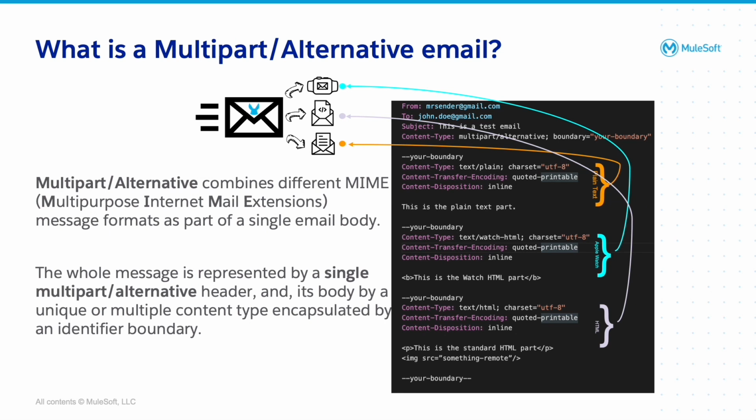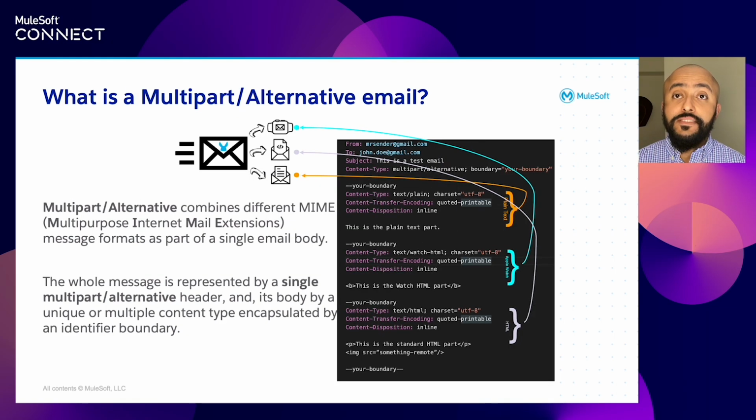Let's talk about what a multi-part alternative email is. A multi-part alternative email is a mail that bundles different content types as part of a single message. As you can see on this slide, this kind of mail can cover most of your clients' configurations because it can include different content types, including text, Apple Watch HTML, and a normal HTML that could be responsive if you prefer.